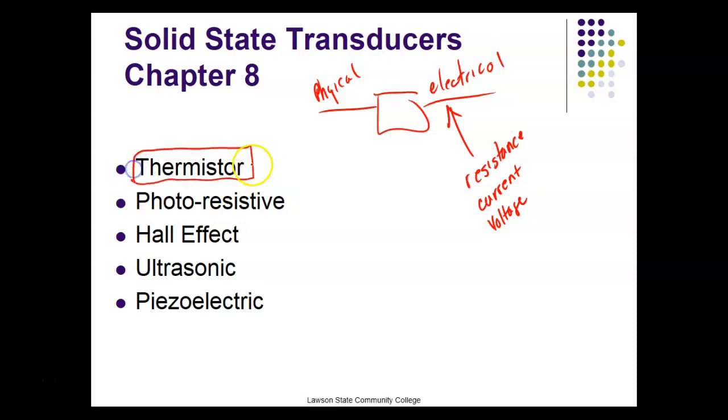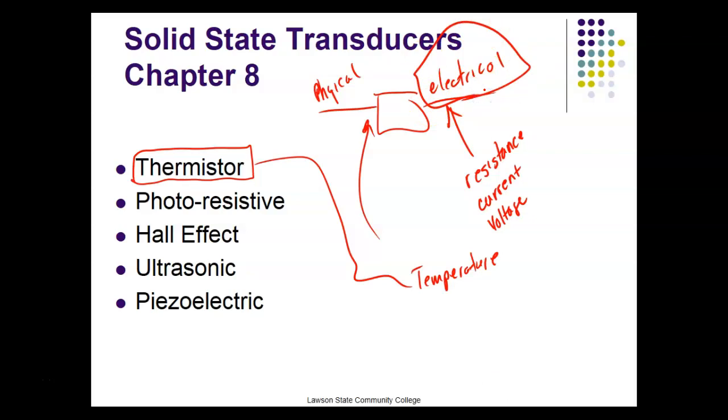Now I've got thermistor. What's the physical quantity it's going to sense? Temperature, yeah. Let me bring temperature in over here, and what are we going to get out of it? Thermistor. I'm looking for the electrical, guys. It's going to take a physical stimulus and convert it into an electrical signal.